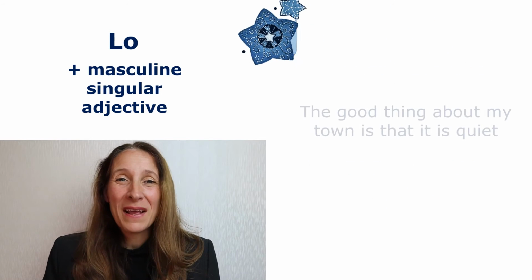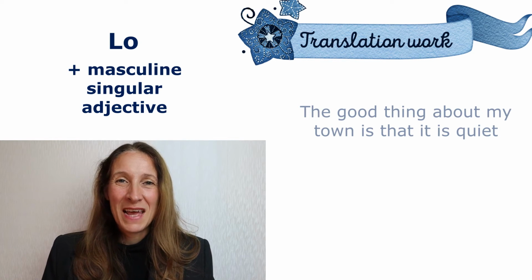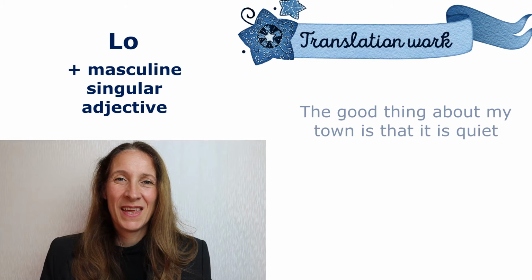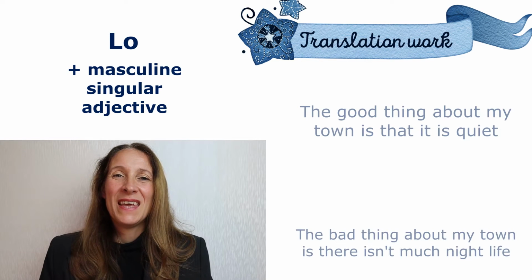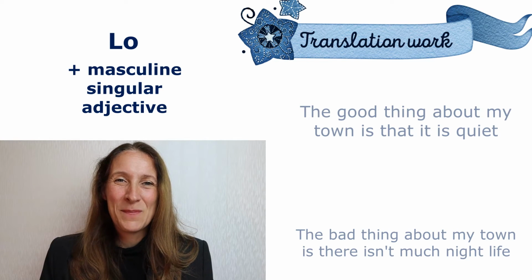And then let's go back the other way. The good thing about my town is it's quiet. How do I say that? The bad thing about my town is there's not much nightlife. How do I say that?